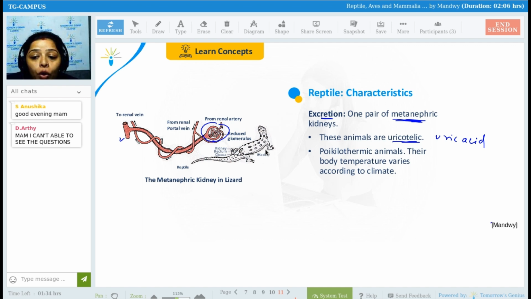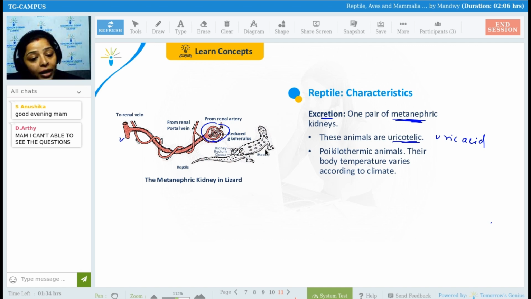So why are they uricotelic? In what condition does the body start producing uric acid instead of ammonia or urea? Because of the lack of water, right? So why do they excrete the nitrogenous waste in the form of uric acid? To conserve water.